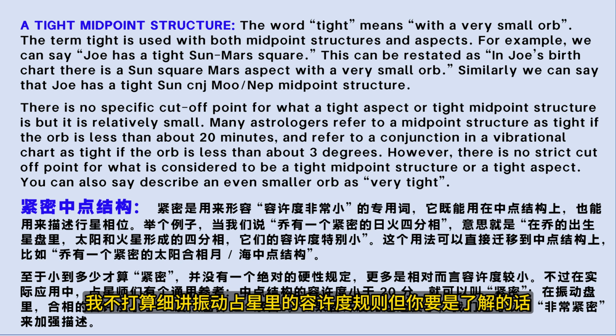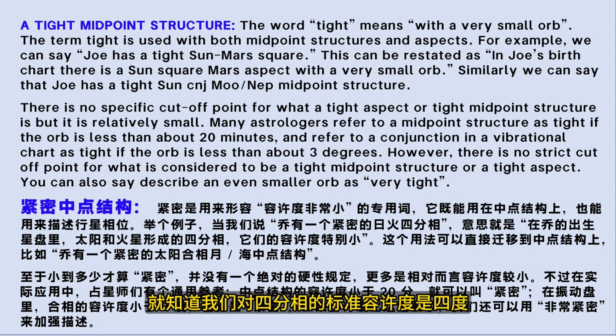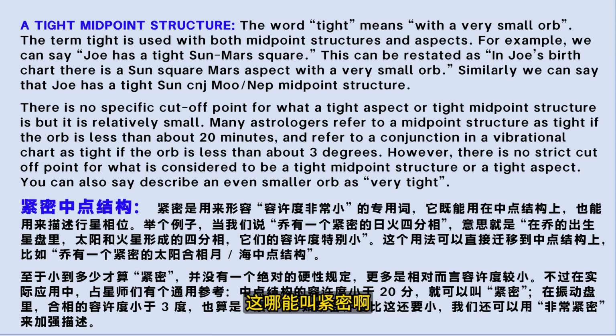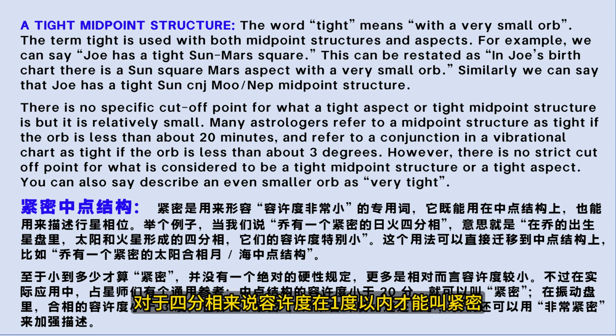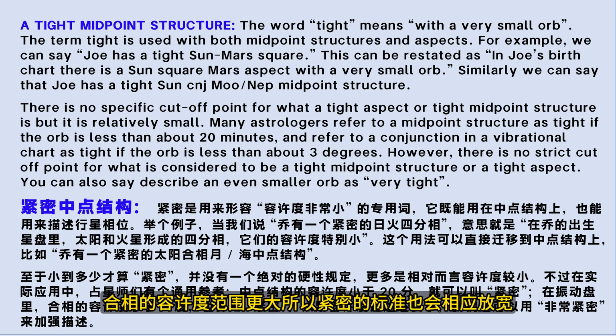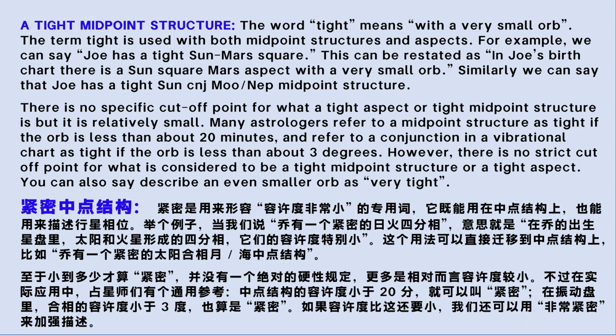I'm not going to go into all the details of orbs, but in vibrational astrology we use a 4-degree orb for squares. A 3-degree orb is three quarters of the way out. It's not tight. It would definitely have to be under a degree for a square to be considered tight. Conjunctions get much larger orbs, so tight would be a bigger orb. Okay, I think you've got the idea.